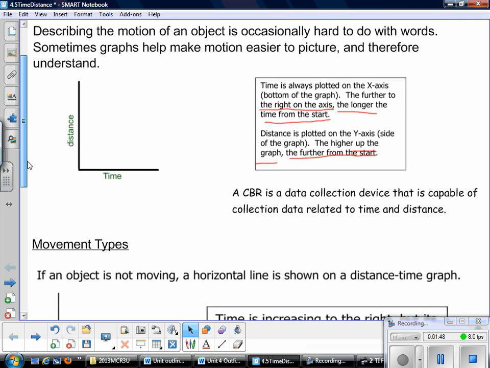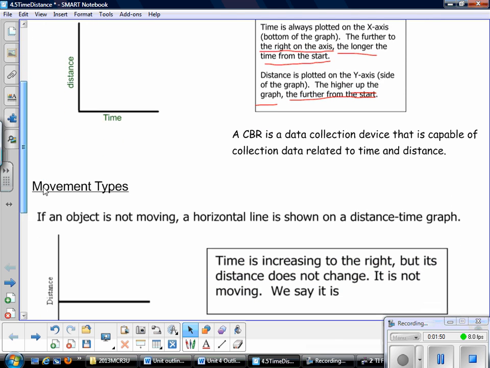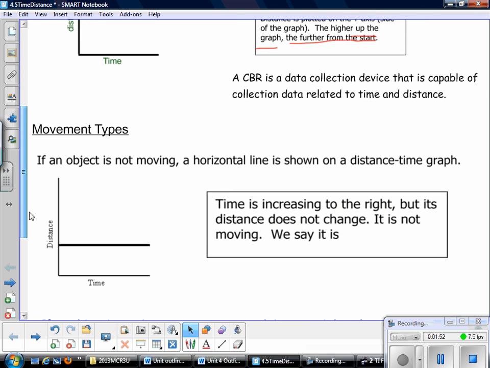So there are different types of movements, and we're going to look at those. If an object is not moving, it's a horizontal line on a time distance graph. The reason is that time's going on whether you're moving or not.